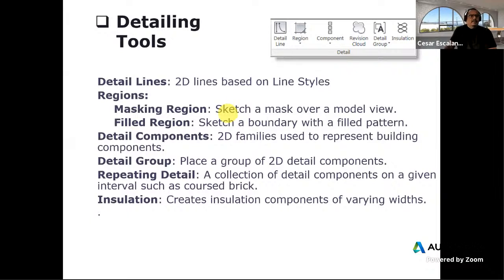If the model was made really poorly, my recommendation is to go back to the model and fix it. But sometimes, if you're facing a deadline and you have no choice, grab a masking region and put it on top of the model, and that's going to blank out that area.